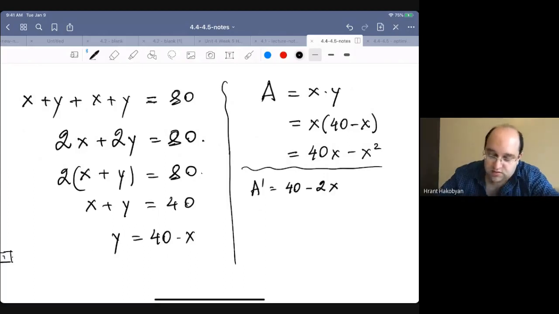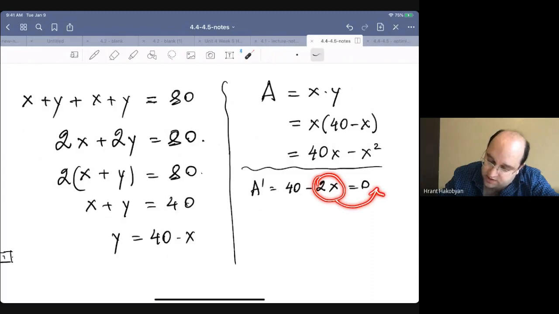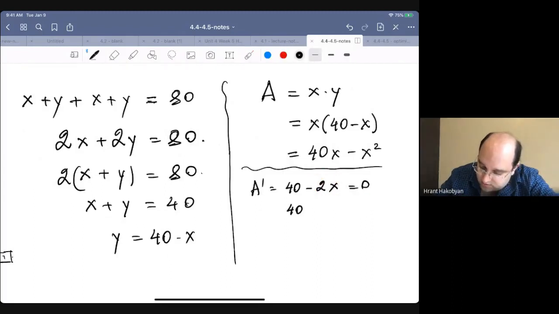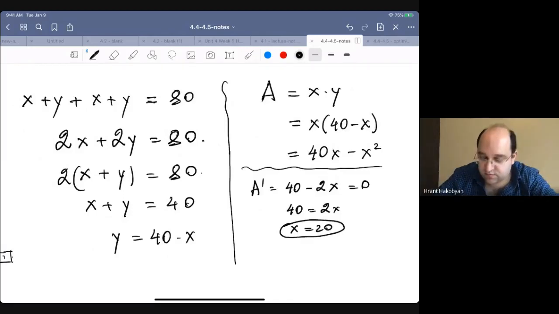Okay, so then I have to set it equal to 0. So if I set this equal to 0, and I move 2x to the other side, I'm going to get 40 is equal to 2x, so that means x is equal to 20. So that's my critical point.